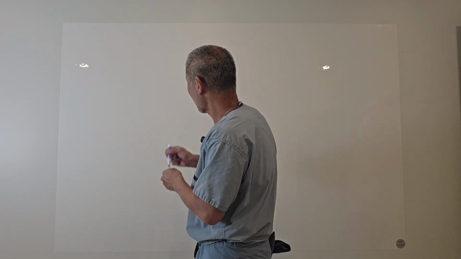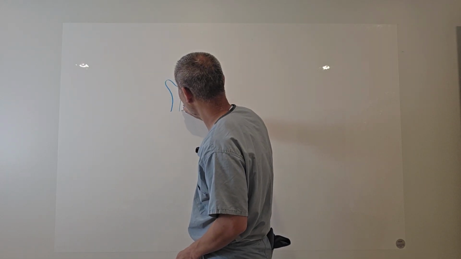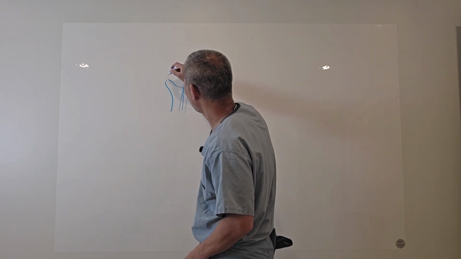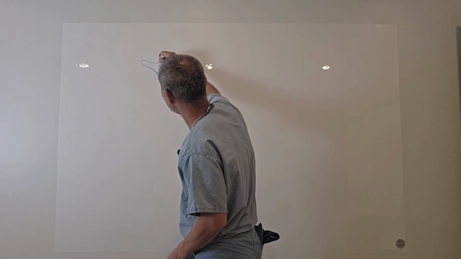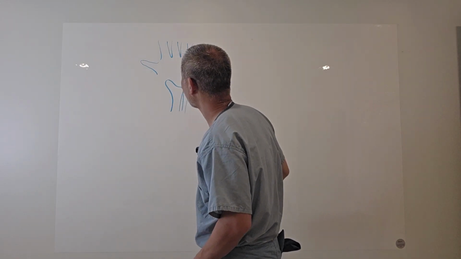So let's draw, let's say, a wrist fracture. If this is a radius, it looks something like this. This is an ulna. And so the thumb would be over here. You get the rest of the hand right here.